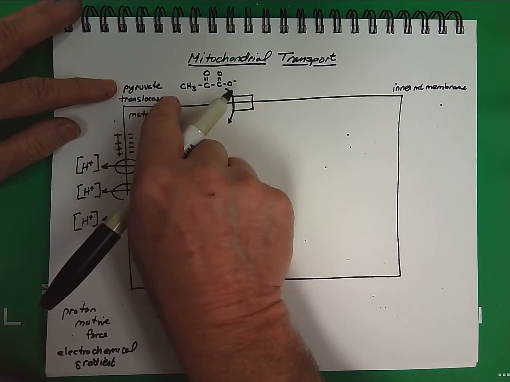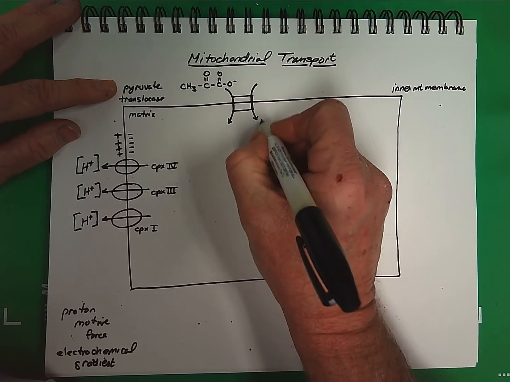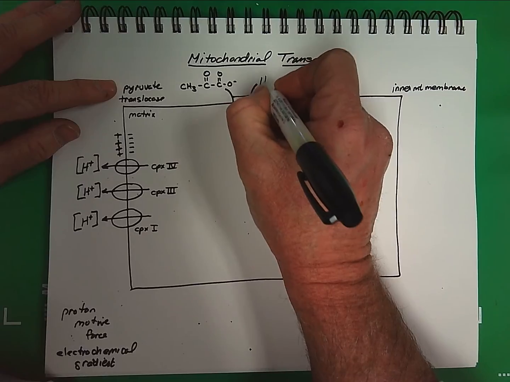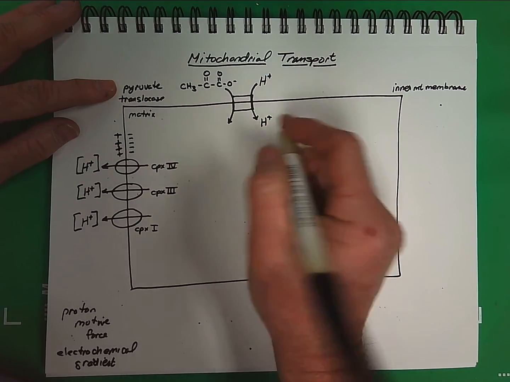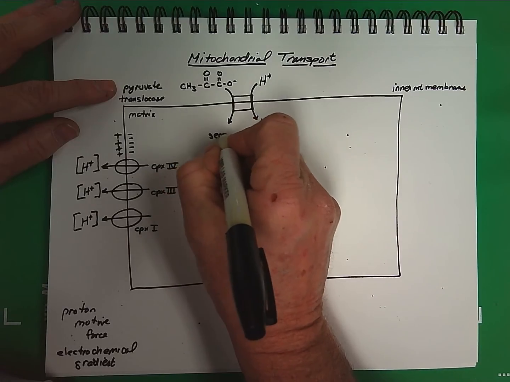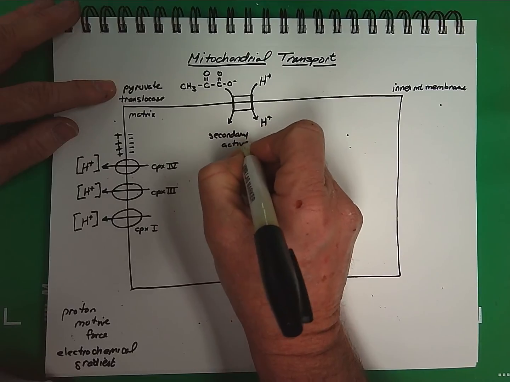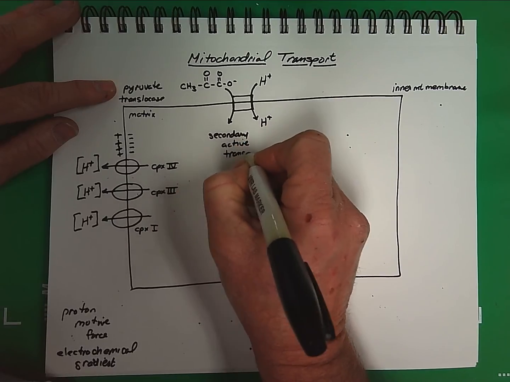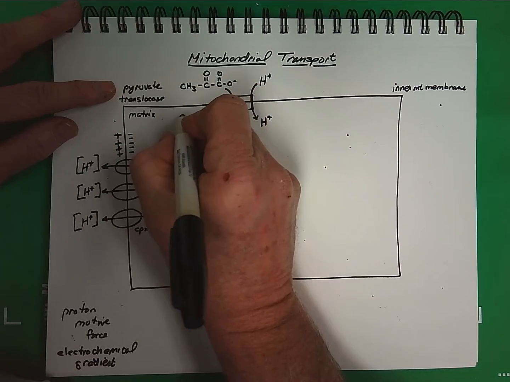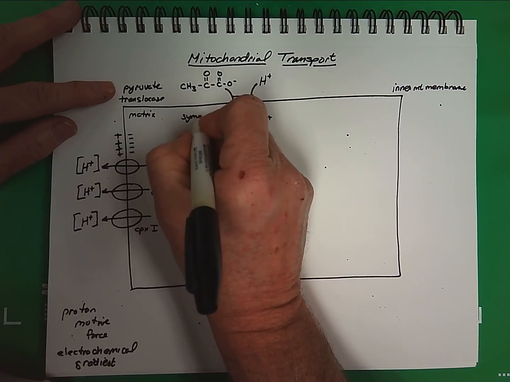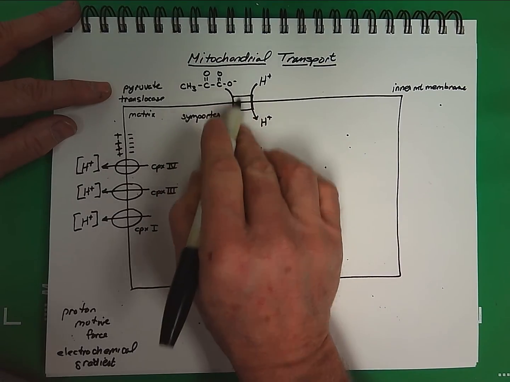So moving pyruvate into the mitochondrial matrix, we are going to take advantage of this gradient, and we are going to use the gradient to transport pyruvate. So recall this is secondary active transport. This is also a symporter because we are moving two molecules in the same direction.